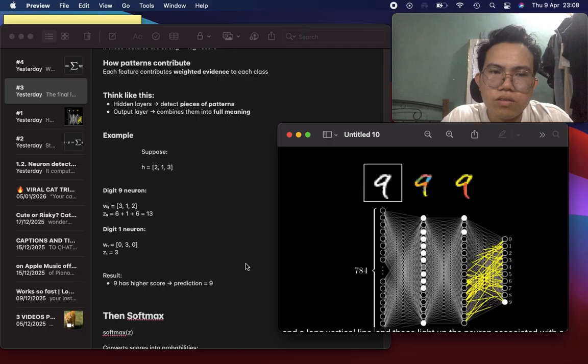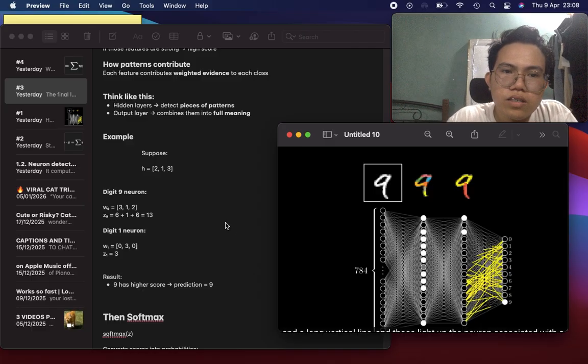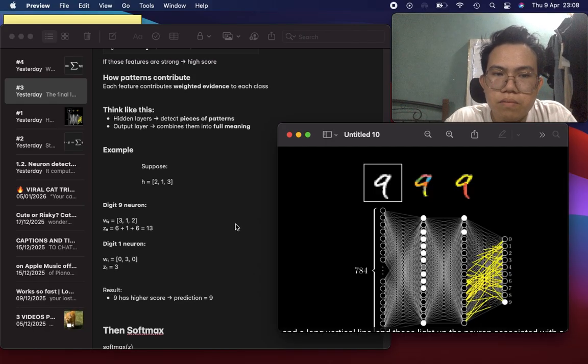So how do patterns contribute? Each feature contributes weighted evidence to each class. Think of it like this: hidden layers detect pieces of patterns, but the output layer combines them into full meaning.